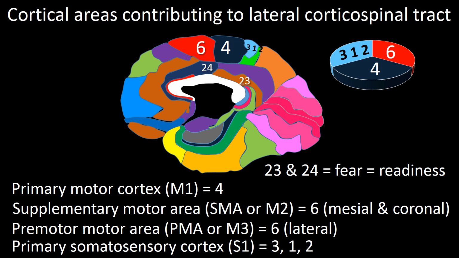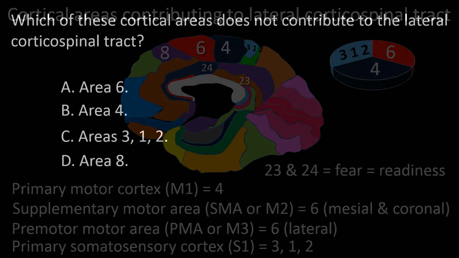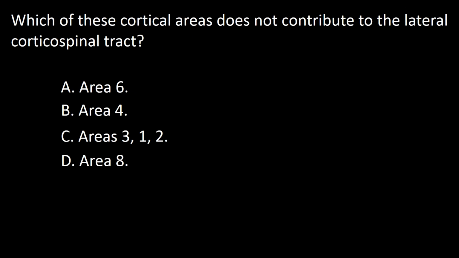These fibers may influence the readiness of the anterior horn cell to be activated by other lateral corticospinal tract fibers. Brodmann area 8 contributes to saccadic eye movements and is not involved in the corticospinal tracts. So the answer to this question is D.